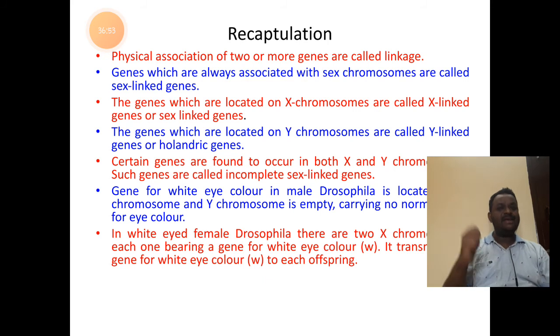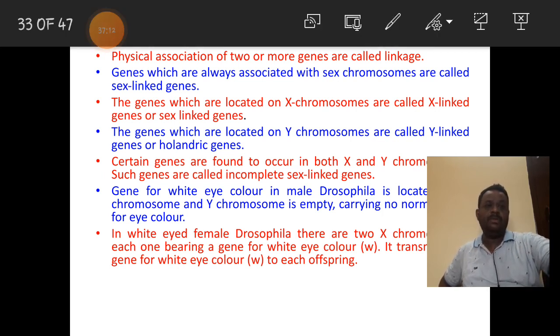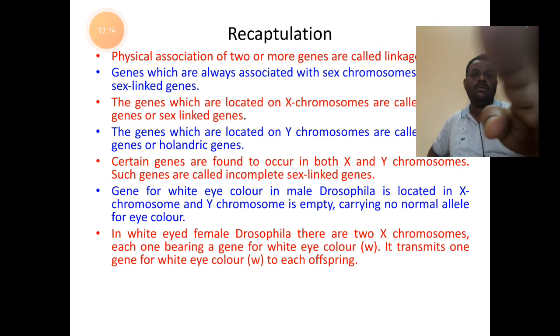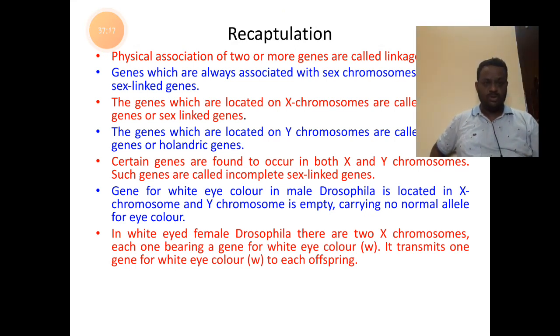In the first case, where the white-eyed Drosophila is seen, the X chromosome will carry the recessive gene for the white-eye character. The Y chromosome is not involved. A white-eyed female of Drosophila will have two X chromosomes with the affected genes on them.